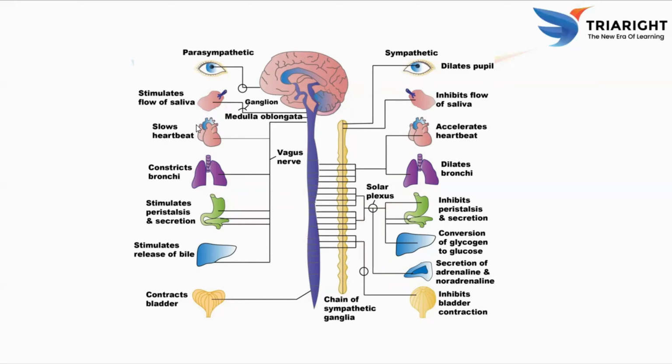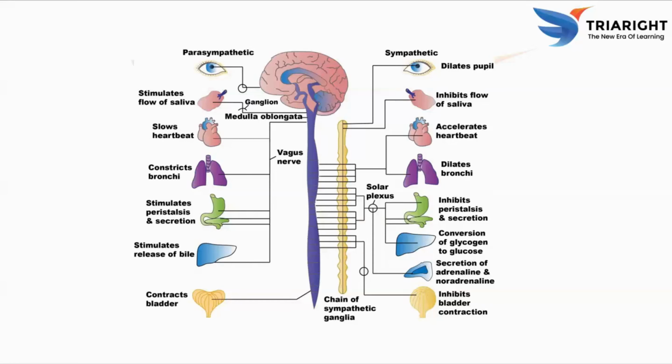The parasympathetic system stimulates the saliva flow, whereas the sympathetic system inhibits the flow of saliva. Heartbeat slows down in the parasympathetic and accelerates in the sympathetic. Here the bronchi get constricted for normal breathing, whereas here the bronchi get dilated, so we get more oxygen intake.